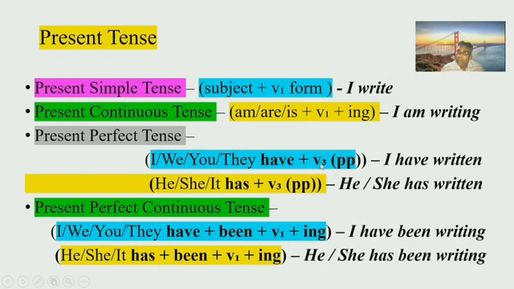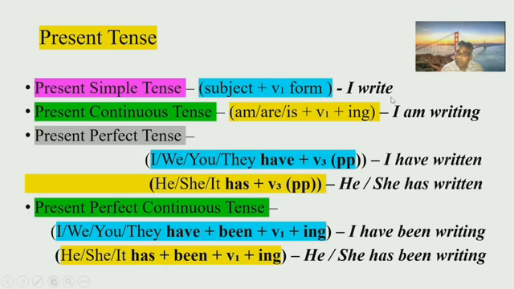Then the V3 form. Here we use V1, but here we use V3. V3 means the past participle form of the main verb. I told you three forms: the present form, past form, and the past participle form. So what is the past participle form for write? It is written. How do you prepare the past participle form?